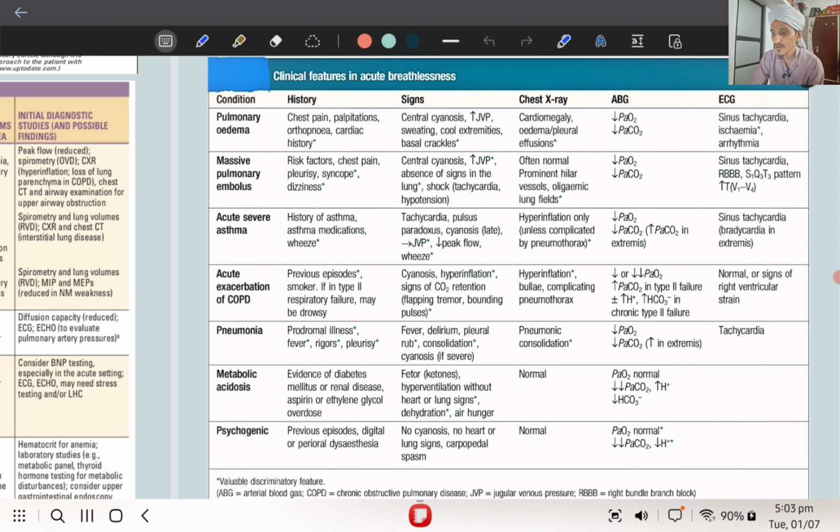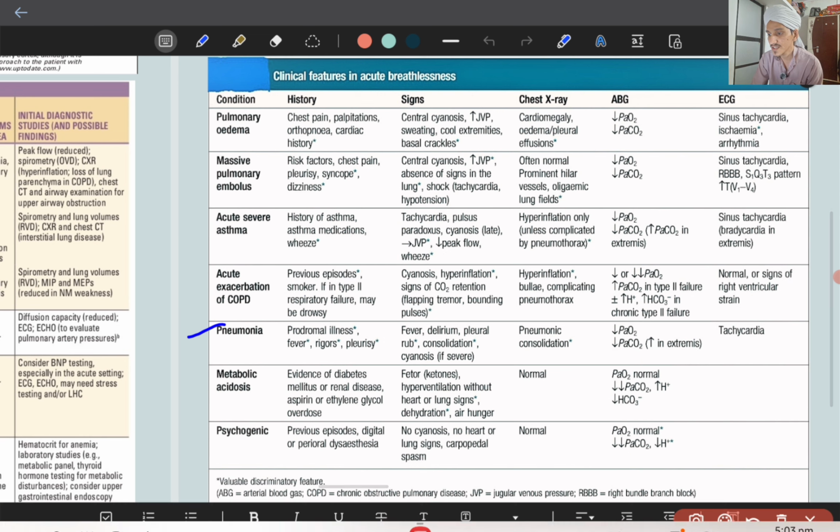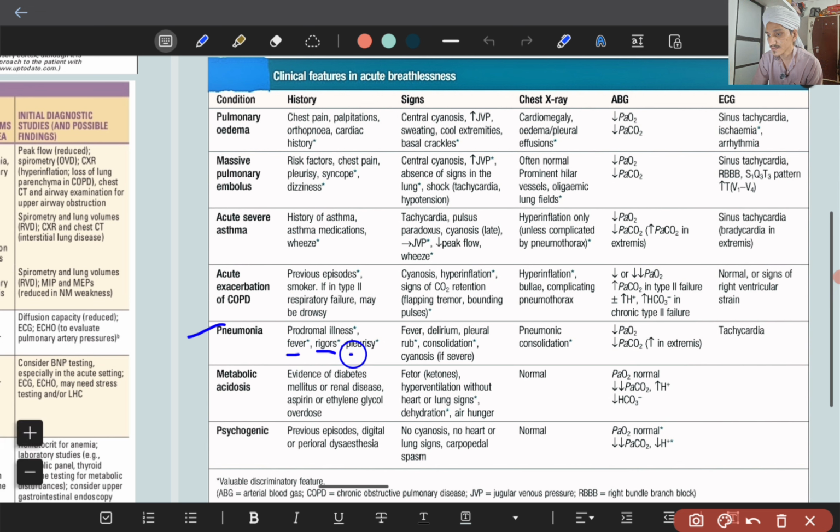Then pneumonia. There will be a history of fever, chills, pleuritic pain. What is pleuritic pain? When the patient inhales, there will be a catch in the respiration, and that catch will not be there in expiration. Catchy type of pain whenever the patient inspires is pleuritic pain. In signs there will be fever, pleural rub, consolidation.